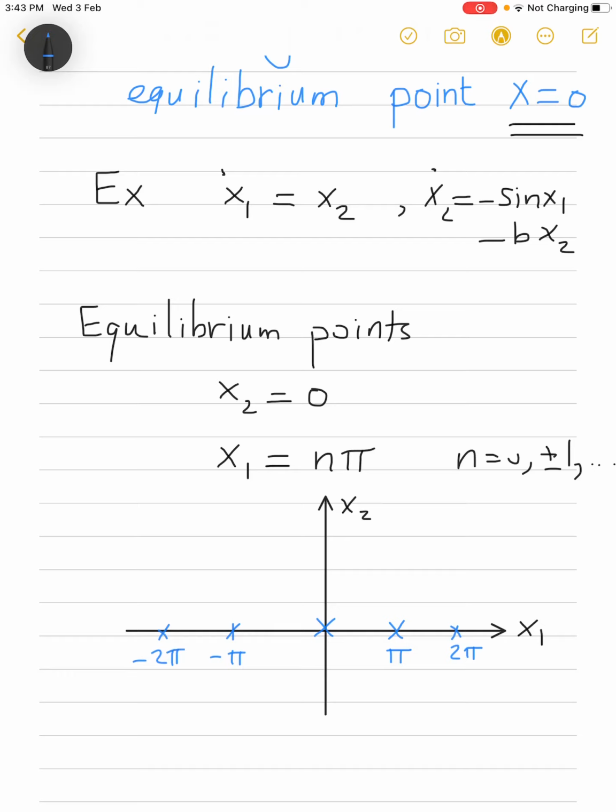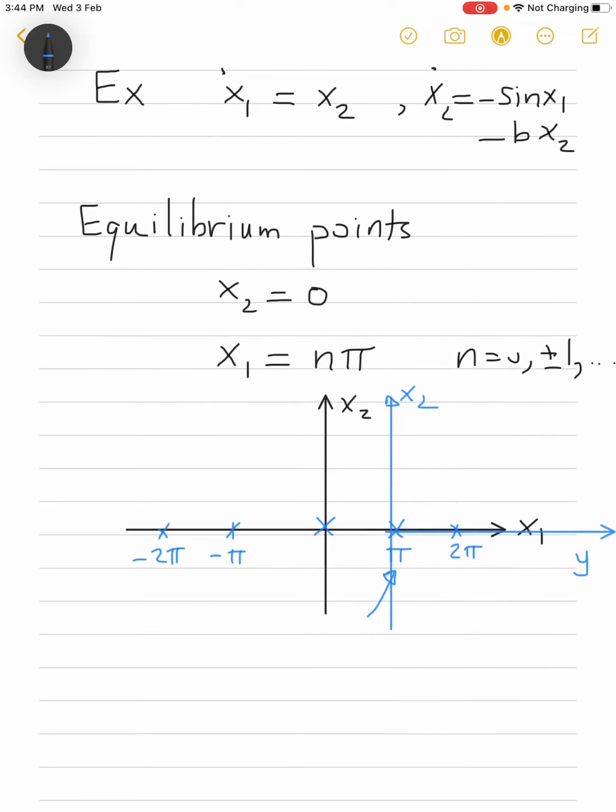Suppose that I'd like to study the equilibrium point at pi and 0. What I'm suggesting now is to shift the axis, so this would be x2 and this would be the new axis. I'm going to call it y. I'm going to rewrite the equations now in terms of x2 and y.